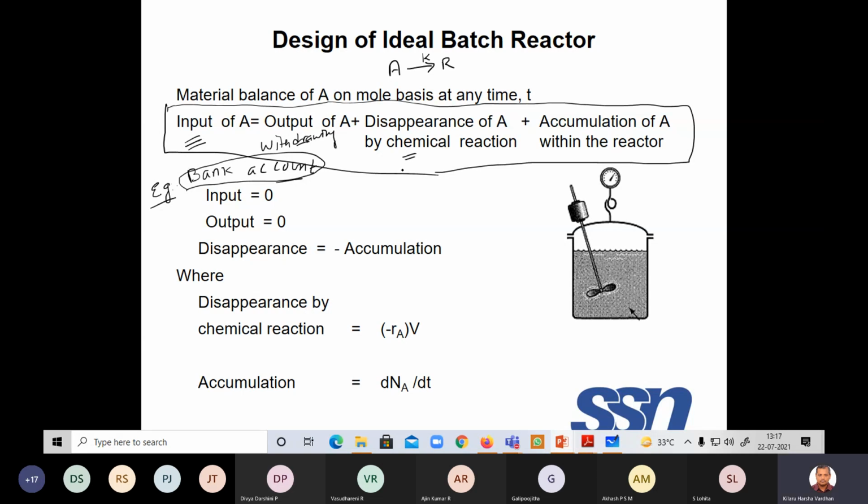Disappearance comes because you are having some debit card charges, or some monthly or yearly charges which the bank will take from you, every 6 months or a year. Then what is accumulation? Every 6 months or 1 year, the bank will give you interest.